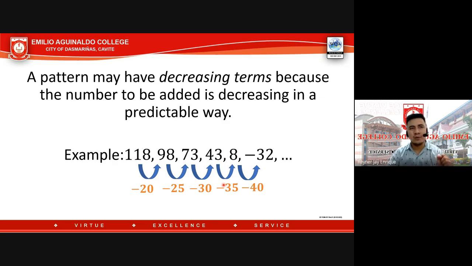Maybe we just have to do the reverse mathematics. Instead of adding negative 20, we subtract negative 15 from our terms. So 118 minus negative 15 is equal to 133. So that will be our term before 118, just in case we're looking for that. So ganun po yung pattern na titingnan natin.